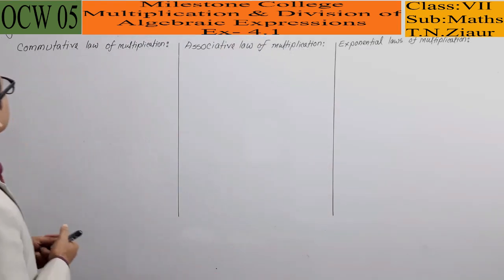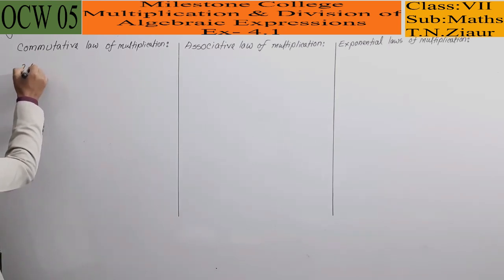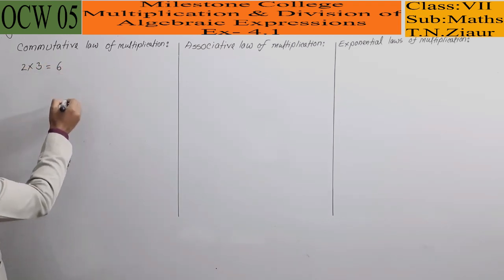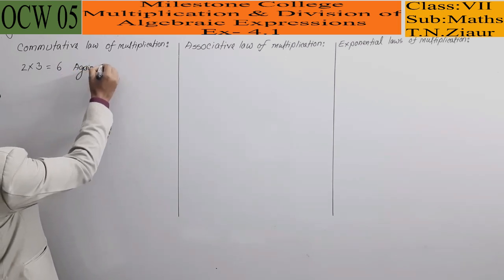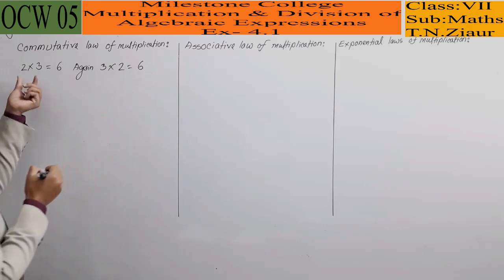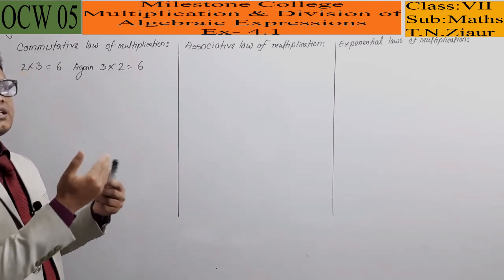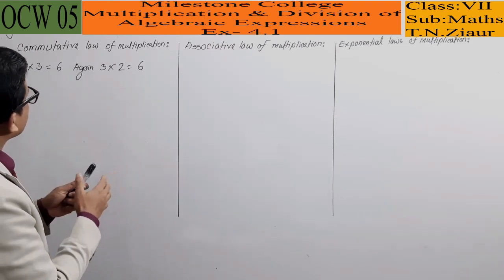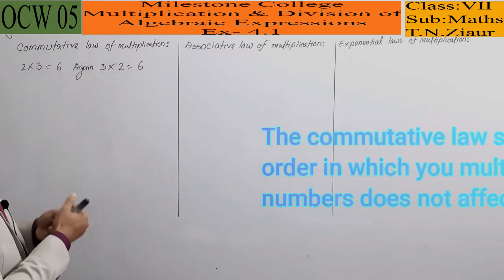So now write the commutative law of multiplication. So suppose 2 into 3 is equal to 6. Okay, again, 3 into 2 is equal to what? 6. That means when multiplier and multiplicand are commuted with each other, this product is unchanged. So this one is called the commutative law of multiplication. Okay, this product is unchanged.